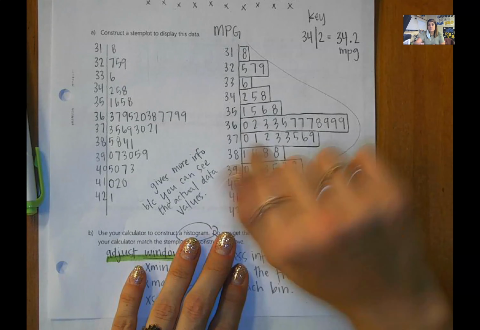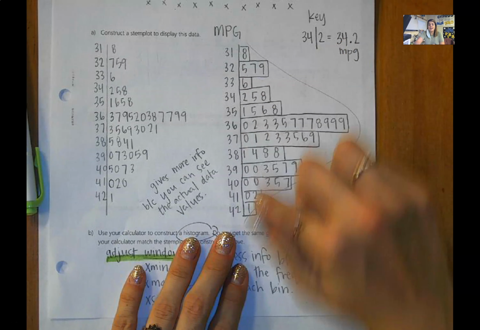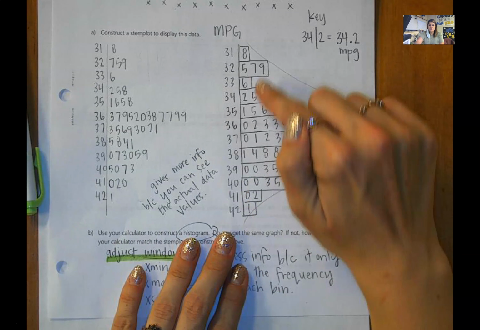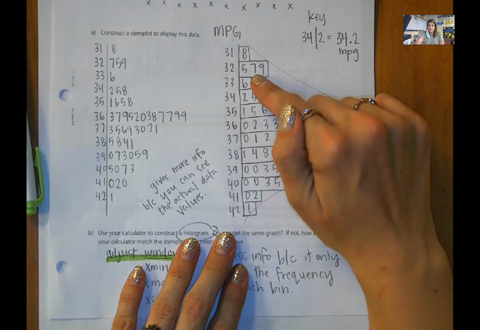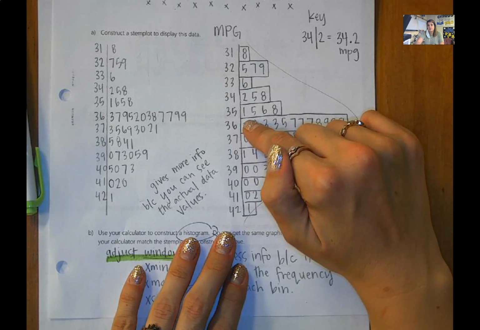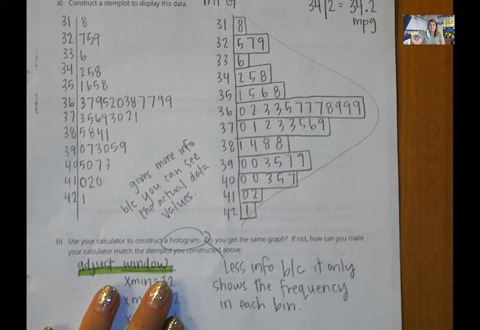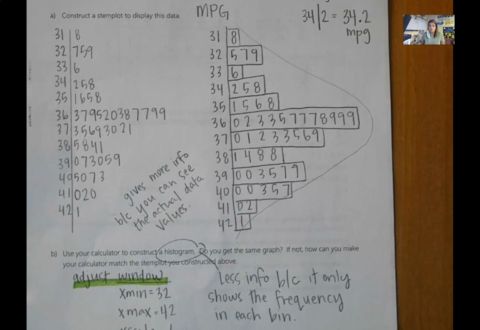So not only does it look, or can it look the same as a histogram, but it also gives you the exact data values. Whereas with a histogram, you get less info because it doesn't tell you the data values. It just tells you the frequency in each bin.